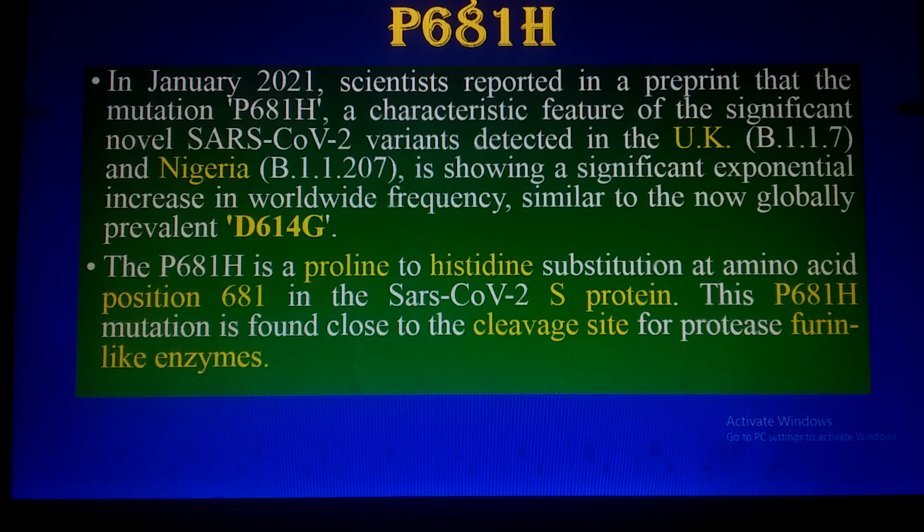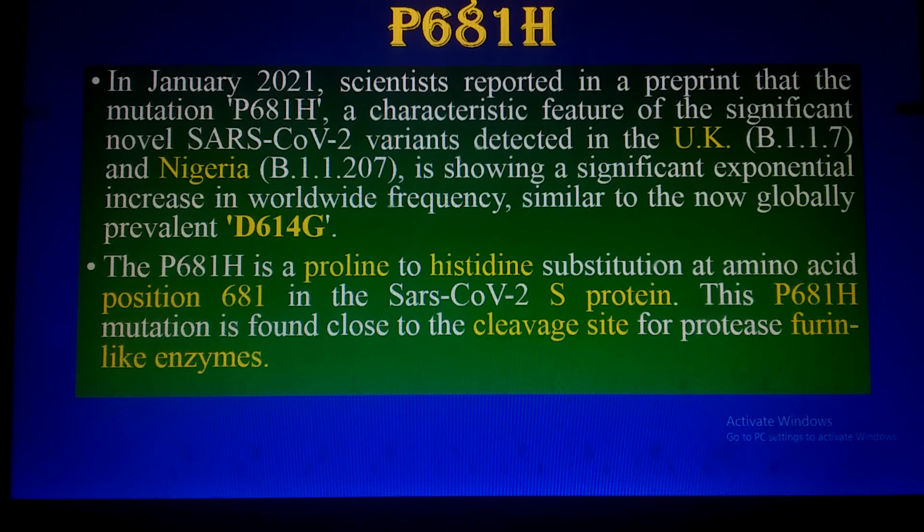This is also a type of mutation. So P681H is a proline to histidine substitution at amino acid position 681.